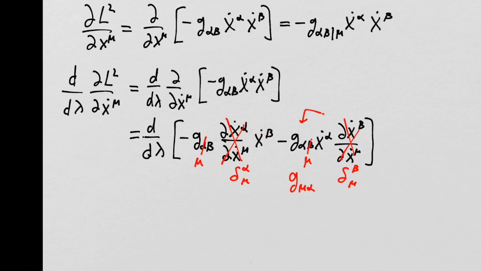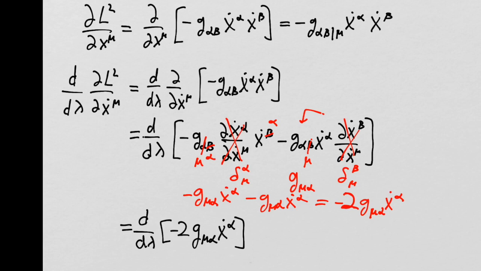So we're going to change these betas to alphas, right? Because they're repeated indices in different terms, so they're quite arbitrary. So anyway, we have minus G mu alpha x dot alpha minus G mu alpha x dot alpha, which equals minus 2G, that's a 2, not a partial derivative, 2G mu alpha x dot alpha. And that leaves us with this expression.